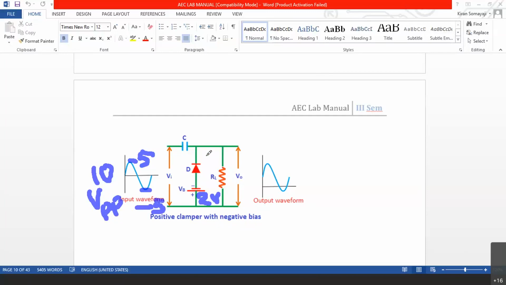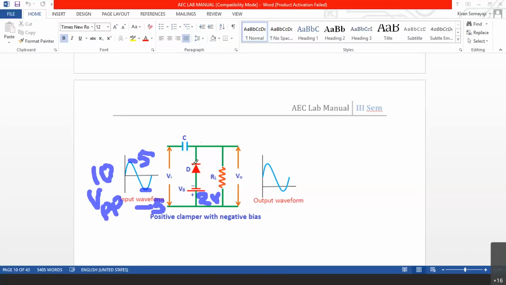In the positive cycle, the diode will not conduct, because the cathode is connected to plus, and its anode is connected to minus. When the anode is connected to minus, the diode will never conduct. When the cathode is connected to plus, it is totally reverse biased. So in the positive cycle, the diode will never conduct.